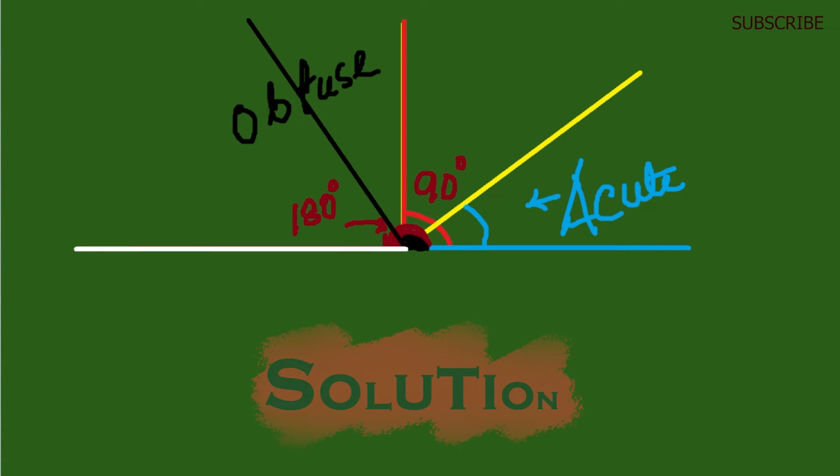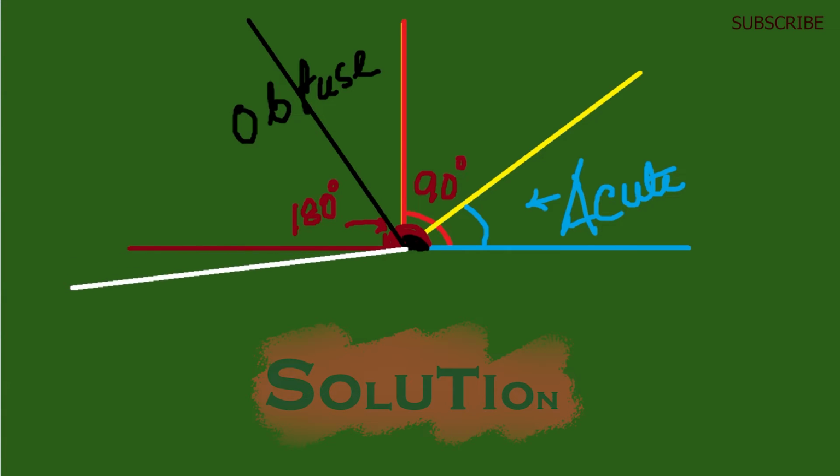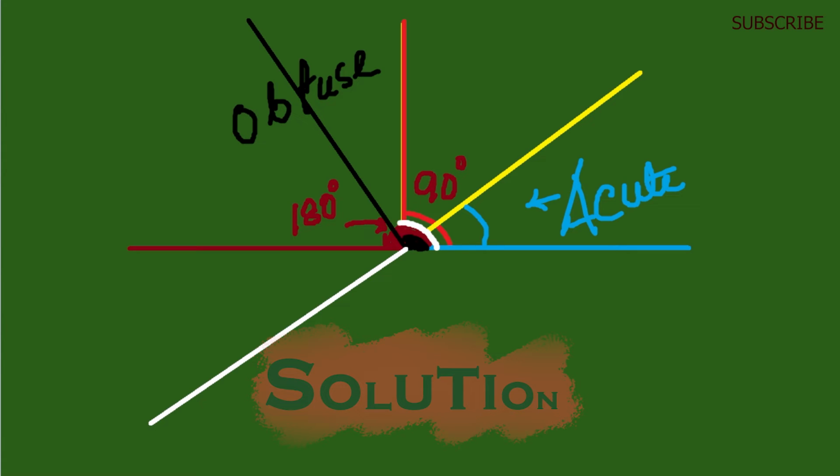Now if it goes just in the opposite direction, in the opposite side, then this will be known as our straight angle. In case it moves further, which is more than 180, what is the angle? Let me draw the angle. The angle will start from here and move like this.